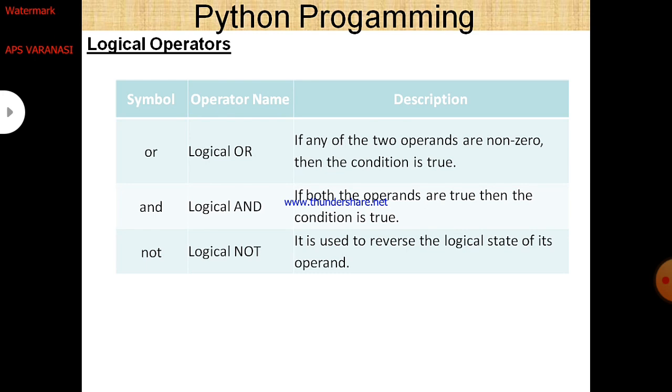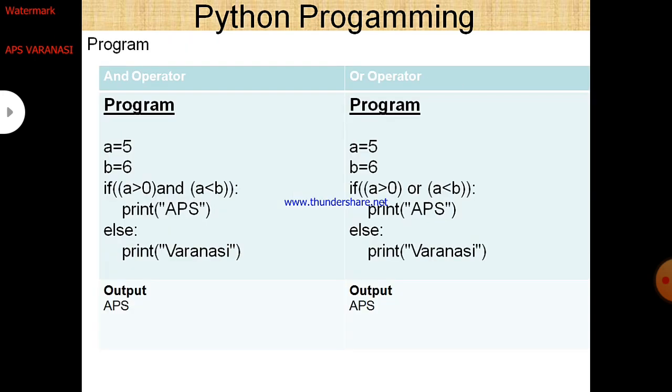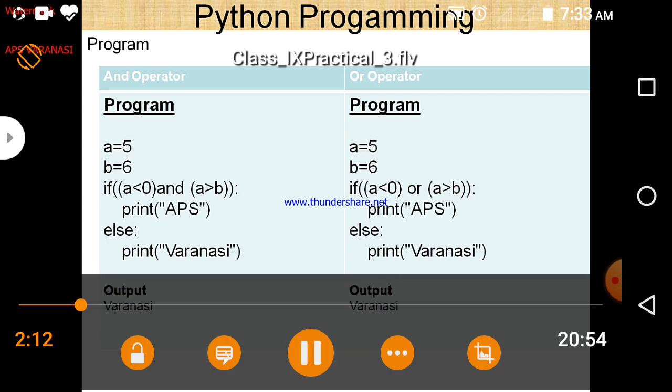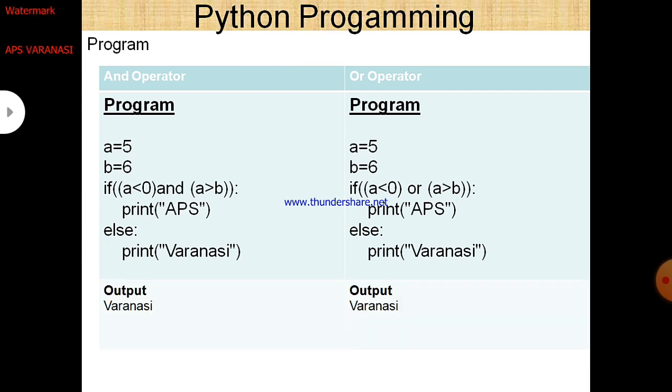Let's take a big screen. So logical OR, logical AND, and logical NOT operators. This is a program related to OR and AND, and the difference is only in terms of and and or. Everything else is the same in these two programs.